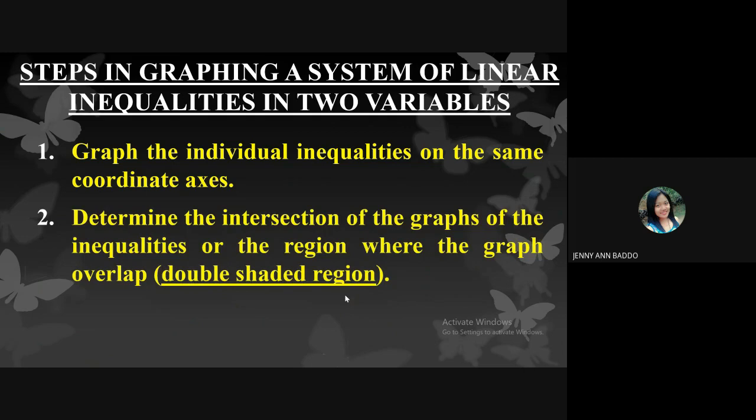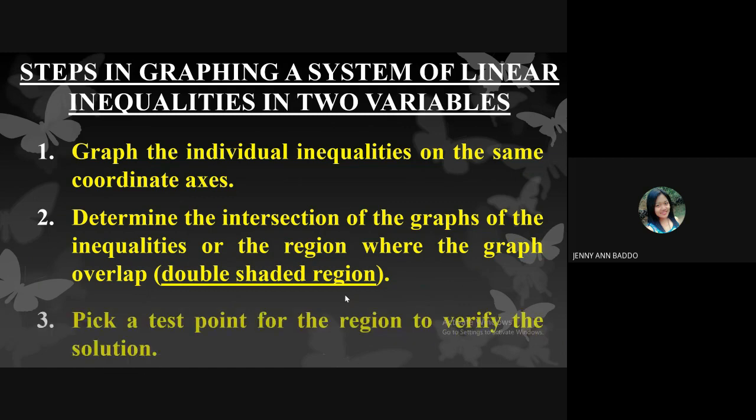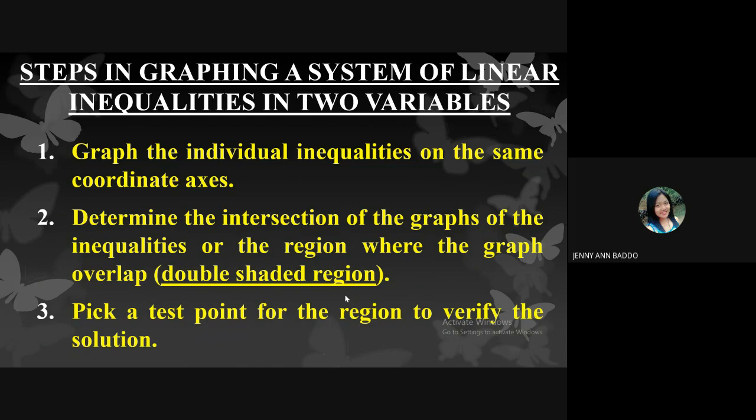Second, determine the intersection of the graphs of the inequalities, or the region where the graphs overlap, or the double shaded region. And last, pick a test point for the region to verify the solution.